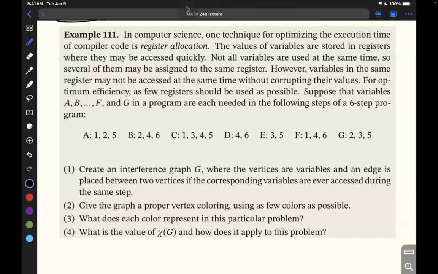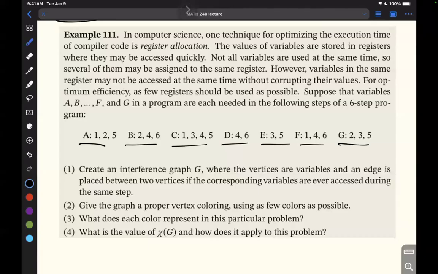And so let's suppose we have 1, 2, 3, 4, 5, 6, 7 variables named with letters, and they're used in a 6-step program. So the numbers are the steps of the program. The letters are the variables.